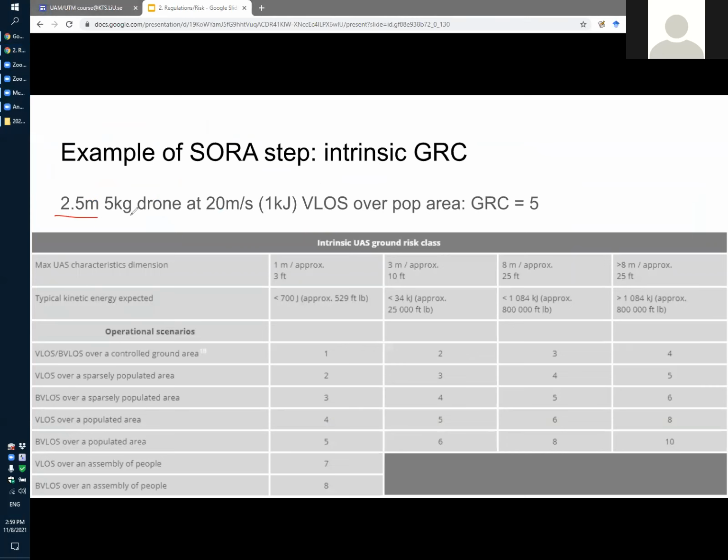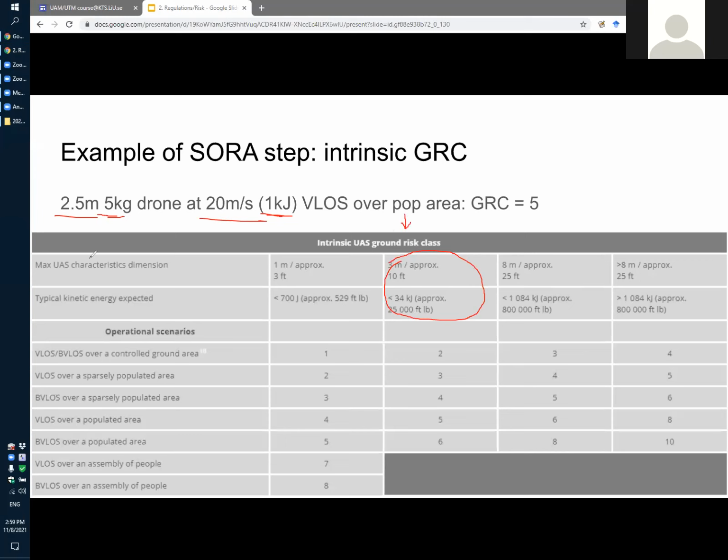You have a drone with certain dimensions, flying at a certain speed, and a certain mass. So you know what the kinetic energy of the drone is. And you see that with this kinetic energy and with this dimension, you're falling into a certain class of drones.